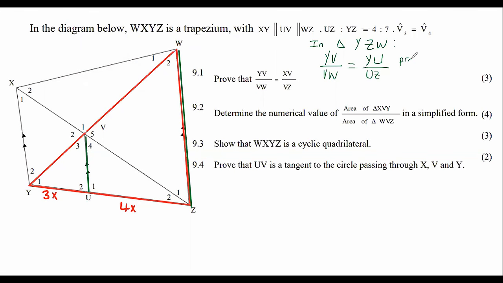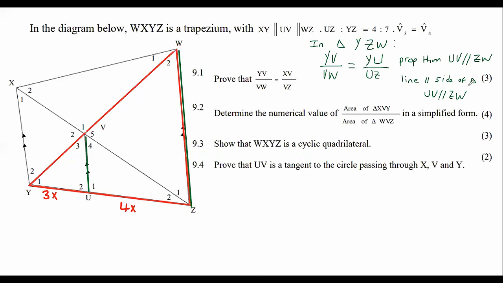You can use the proportionality theorem, and then say which lines are parallel, so you could say UV is parallel to ZW. Your other reason, and the more popular one I've noticed students in South Africa like to use, is line parallel to side of triangle, and then also give the sides that are parallel. So you can use whichever one you prefer.